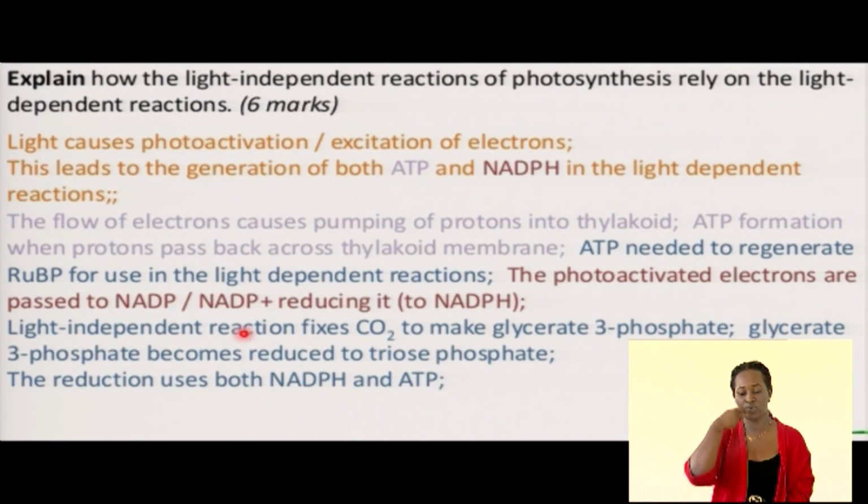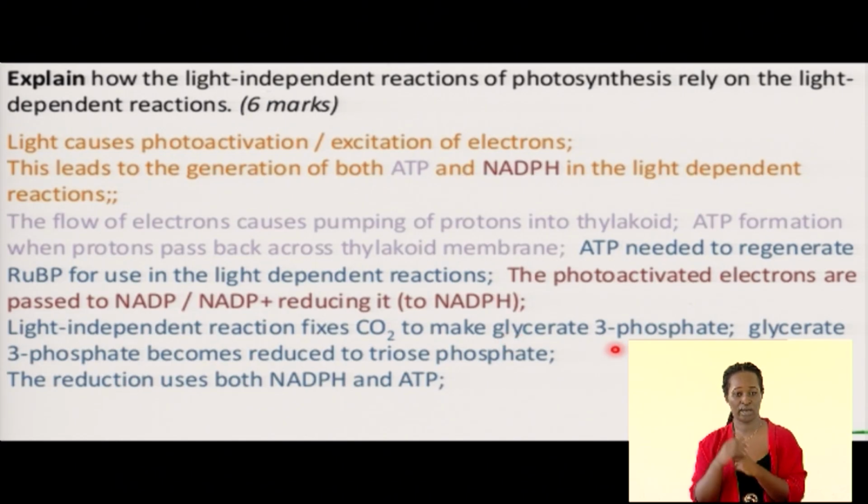So the light-independent reactions that fix carbon dioxide to make glycerate 3-phosphate, to be reduced, we need NADPH, but also activate them so they are also reduced, we need ATP. And at the same time, the same energy is needed for recycling the reaction. Now, that is how you would respond to that question.